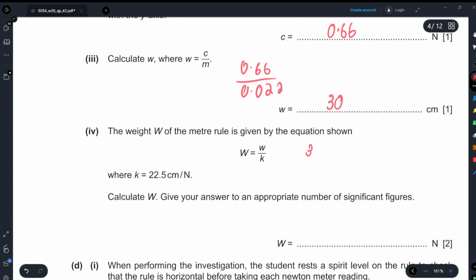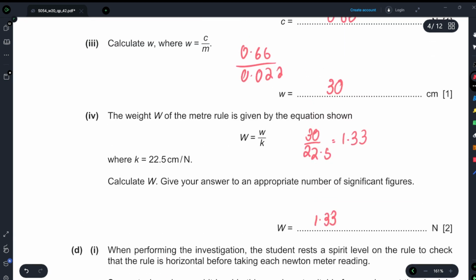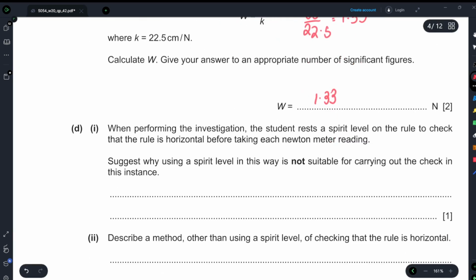So 30 divided by 22.5 must be equal to 4 upon 3, or 1.33. Okay, so we wrote 1.33 here. Again, you will give answers to 2 or 3 SF. Alright, not more, not less.